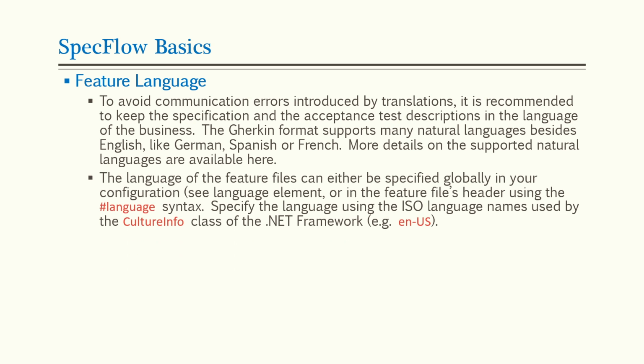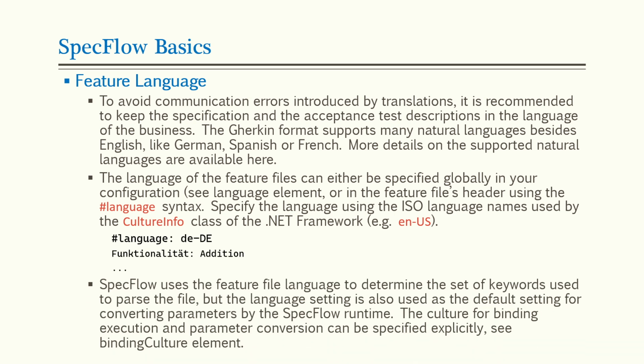The language of the feature files can either be specified globally in your configuration language element or in the feature file header using the language syntax. Specify the language using the ISO language name used by the CultureInfo class of the .NET framework, en-US.